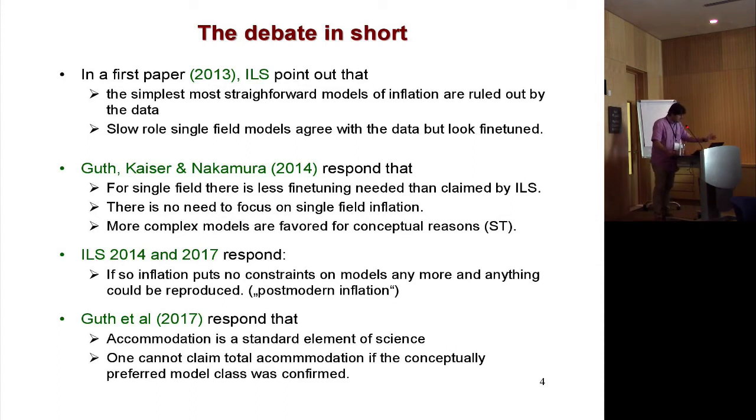So let me just briefly sketch the way this exchange went. It started with this first paper where ILS point out that the simplest, most straightforward models of inflation are ruled out by the data, and that slow roll single field models, which seem to be favored by the data, actually look fine-tuned.